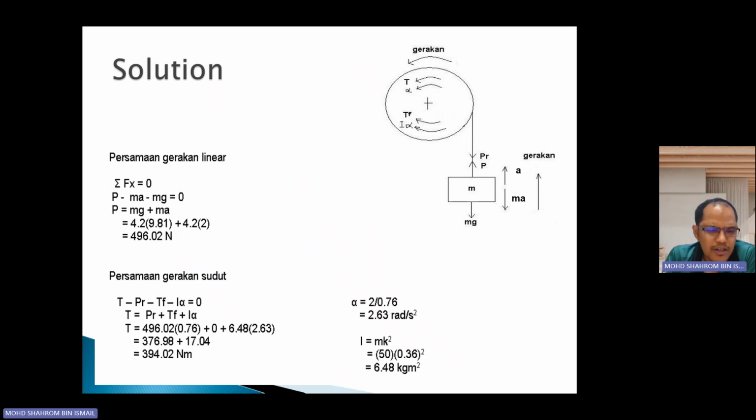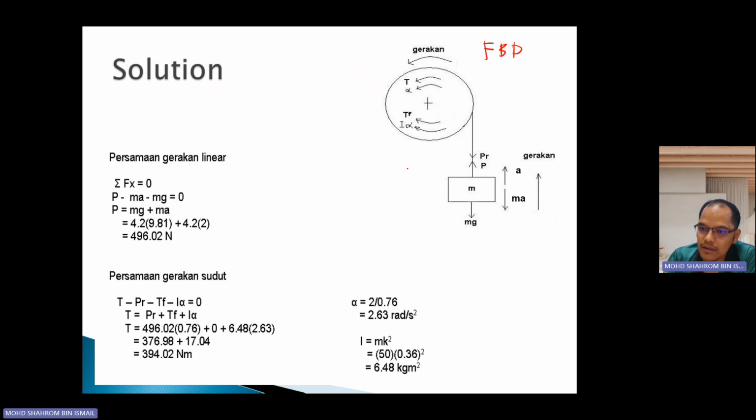We already did the exercise in the previous class, and in my class it's compulsory for all of you to sketch a free body diagram. I need a very clear free body diagram, just simple like this, where you know the location of all the variables, and of course I want to know the value of each variable.